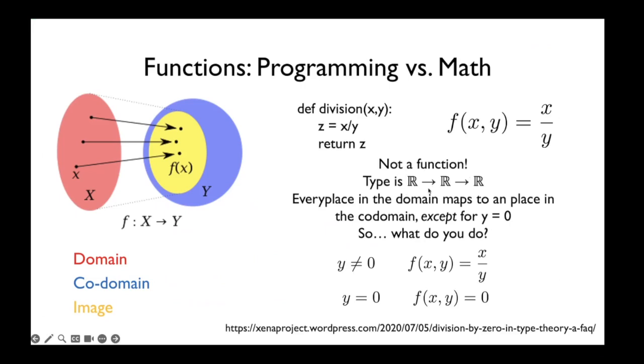We'll share in just a few slides how to make sense of this type of function type, but everywhere in this domain, there's a solution. There's only one case, okay, when y is equal to 0, where this does not map to a place in the codomain. And that makes this, the mathematical sense of this, not a function. And if you do this in Python, it also sort of breaks that idea, because if you try to divide by 0, you'll get not a number coming out.